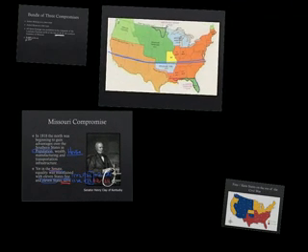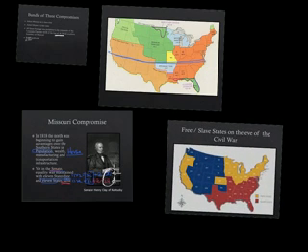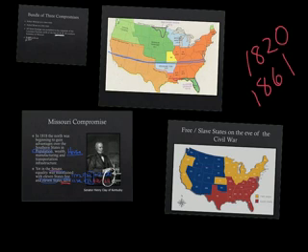It lasts for over 30 years. This is a compromise of 1820. The Civil War does not start until 1861. There's another compromise of 1850 that eventually takes the place of the Missouri Compromise.